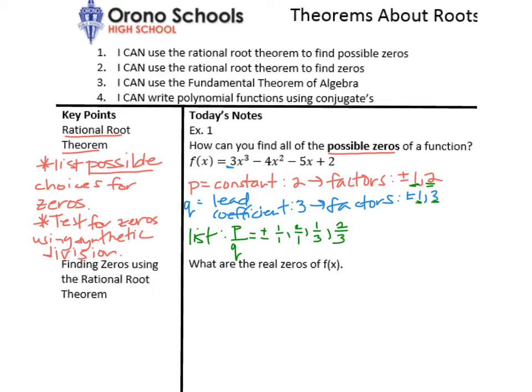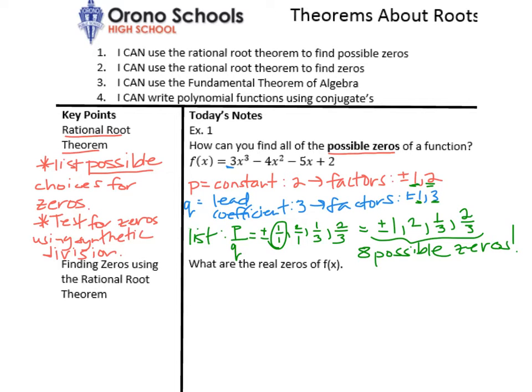Then we clean that up: 1 divided by 1 just equals 1, and 2 over 1 just equals 2. But then we do have those fractions 1/3 and 2/3. With that plus or minus, there are 8 possible rational zeros, which seems kind of crazy.